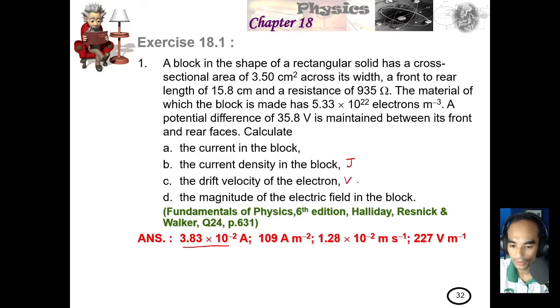The drift velocity of the electron Vd is 1.28 times 10 power negative 2 meter per second, and the magnitude of the electric field in the block is 2.27 volt per meter. So this one you can pause the video, do it on your own, and then check the answer. Any problems solving the question, you can ask me in the WhatsApp group.